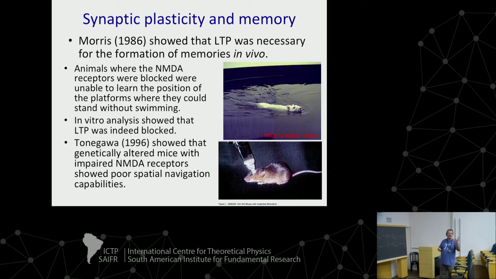They block those parameters, and they observe that the animals which have those parameters affected or blocked have memory deficits or behavioral deficits that depend on memory. So there's a direct link between LTP and memory formation.